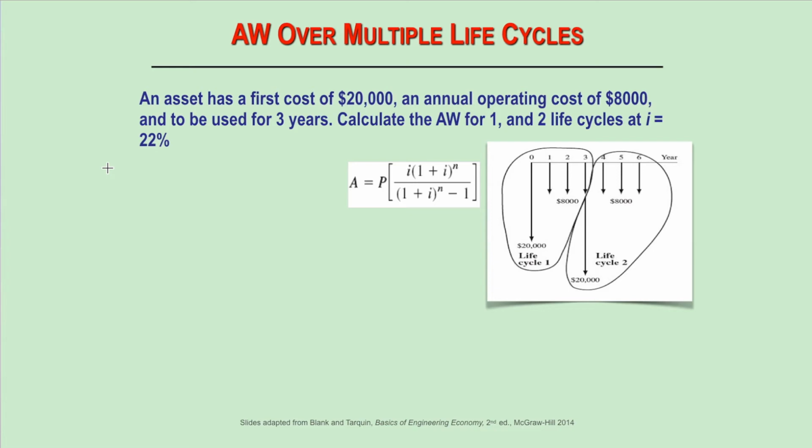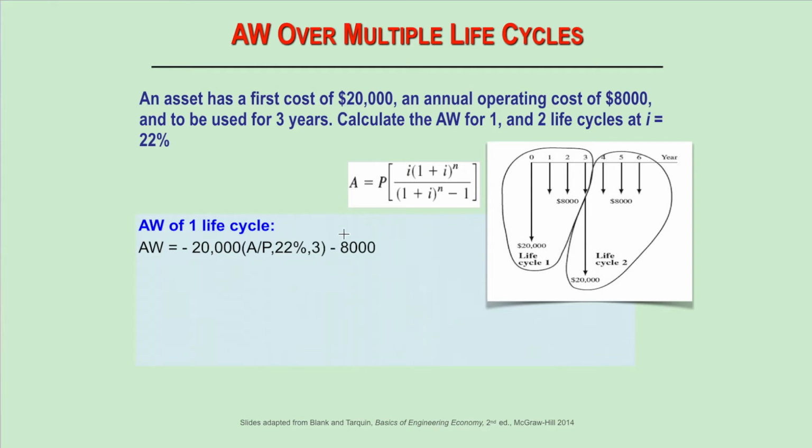Now let's find the annual worth for one life cycle, which is rather straightforward. You just need to convert the first cost of $20,000 into annual worth over 3 years, and then add the annual operating cost of $8,000 per year. Since the annual operating cost is already an annual worth, no conversion needs to be done.